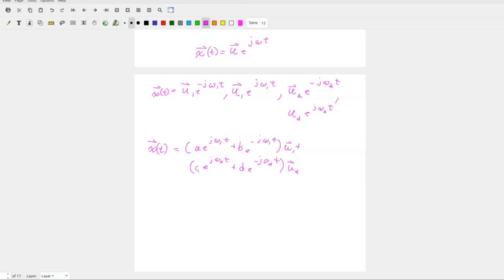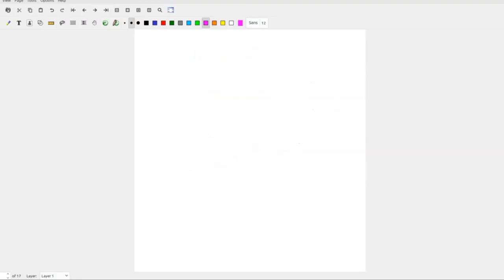That's my second mode shape, right? Where a, b, c, and d are arbitrary constants of integration to be determined by the initial conditions.